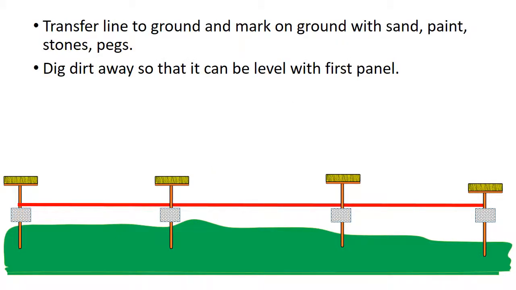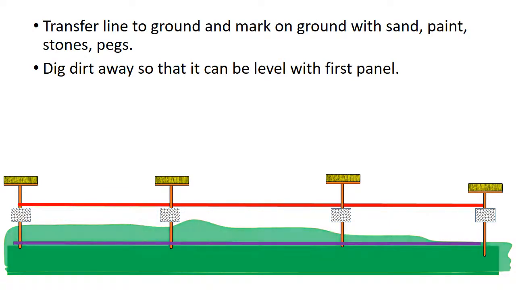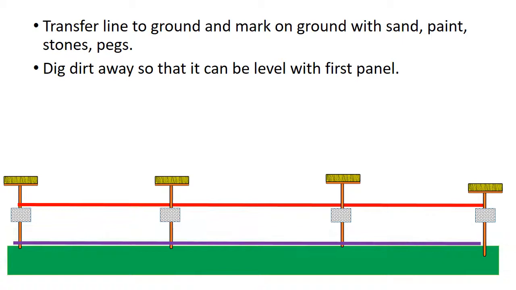Now you have to transfer the line to the ground, and you can mark it with sand, paint, stones, etc. After you have marked the line on the ground itself, you simply dig away the dirt.